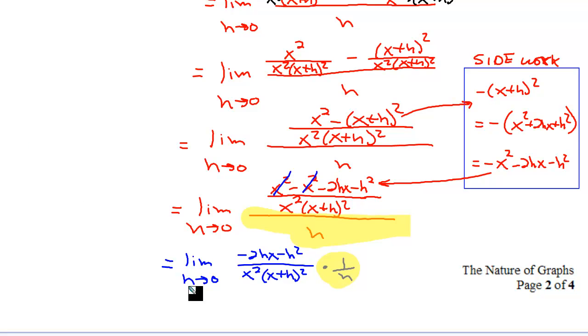I am running out of space fast. So how does that help? Well, right now it doesn't help at all, but it makes the problem look simpler. In the numerator of our first fraction, we can factor out an h. We can factor out more than that, but we only care about the h.